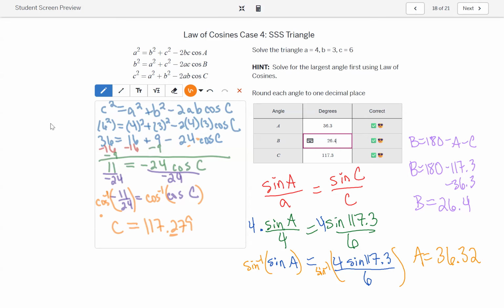The questions on how this one played out, how we used the law of cosines, and then how we finished it. All right, am I good to clear my scribbles?